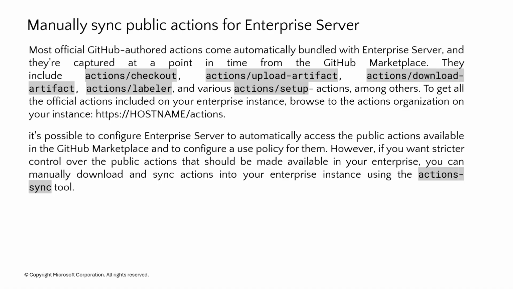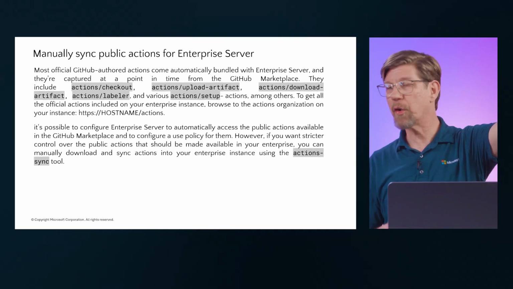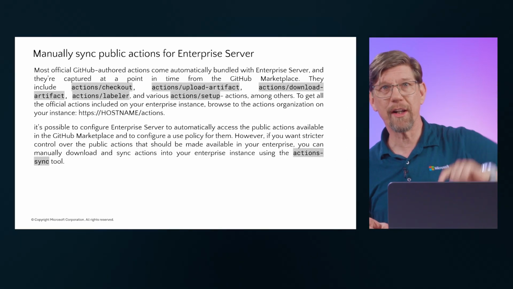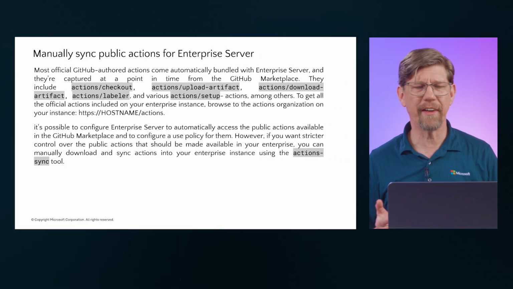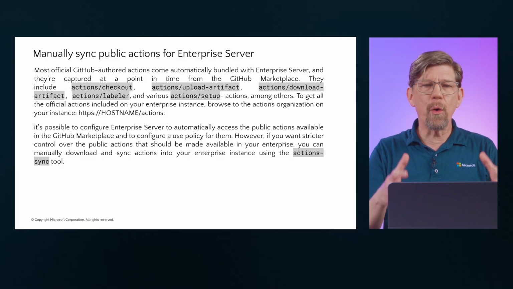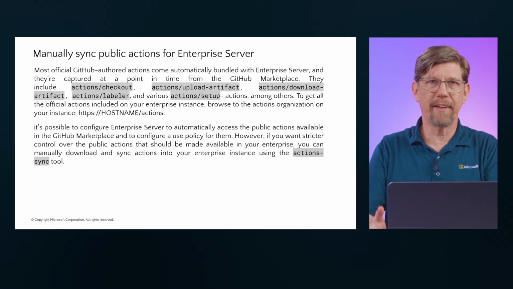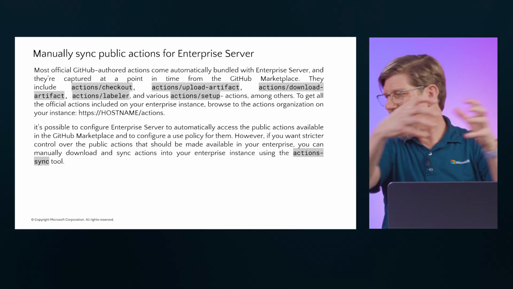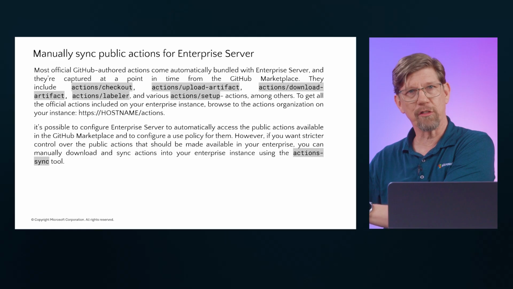If you recall Enterprise Server, this is an on-prem product. All of those actions, like actions/checkout, are sitting on the GitHub website. That requires a call to an external component, or one would think. Well, what Enterprise Server does is those common actions are automatically downloaded onto the server itself.